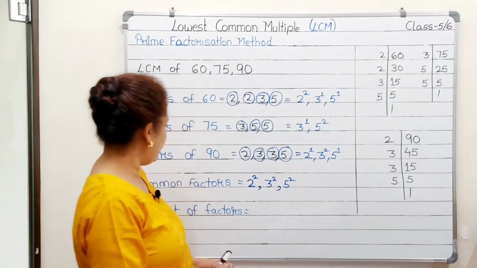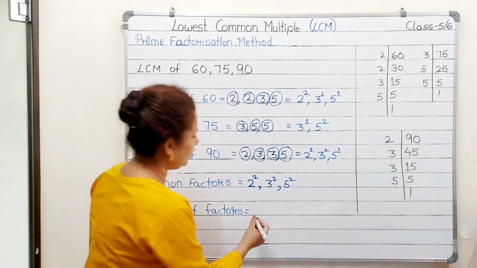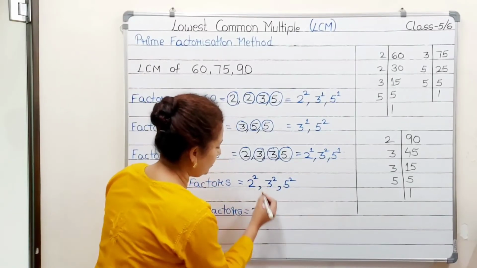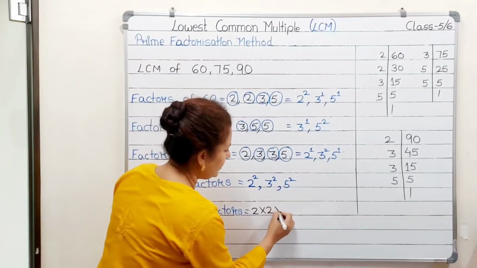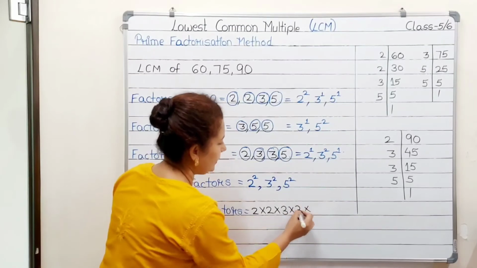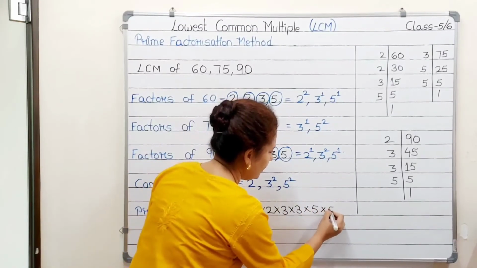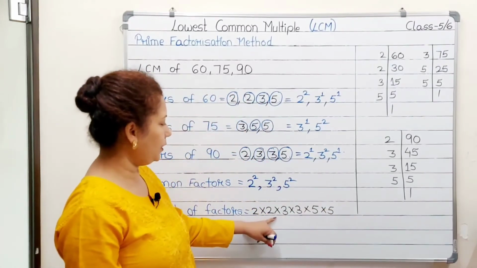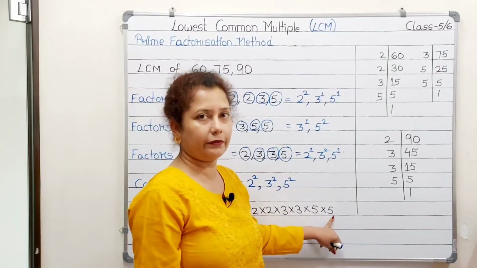Now next step is product of the factors. So we will write the product of the factors. 2 is 2 times. So 2 into 2. 3 is 2 times again. Next is 5, which is also present 2 times. So we will multiply 2 into 2 into 3 into 3 into 5 into 5.